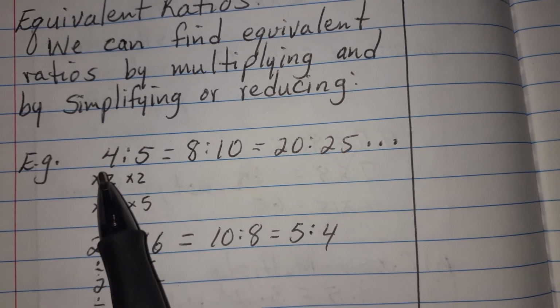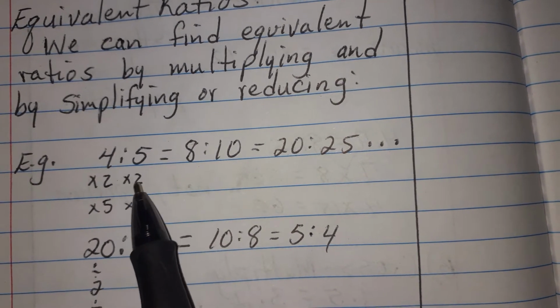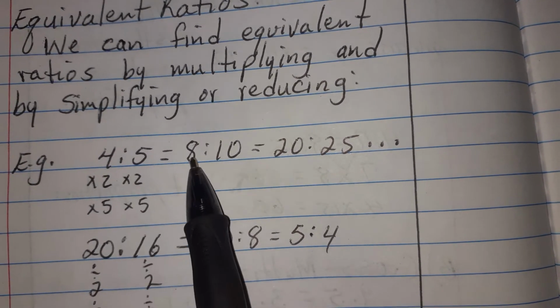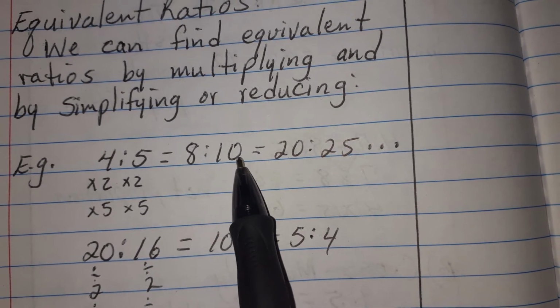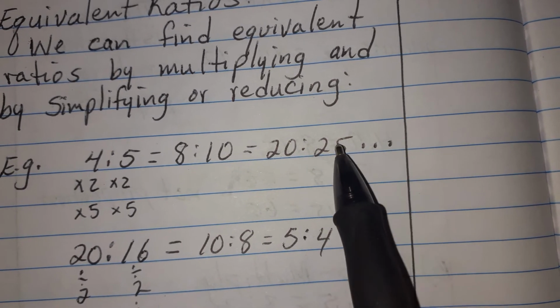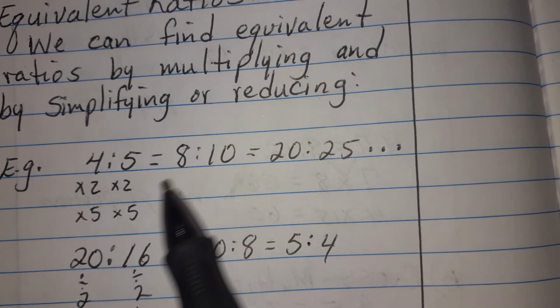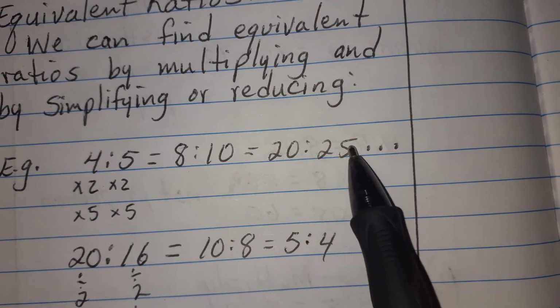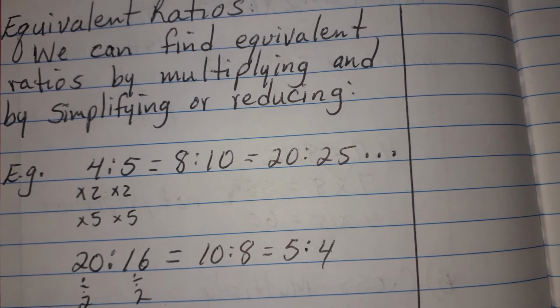So I multiply 4 times 2, and I do the same thing with the 5. 5 times 2. 4 times 2 is 8. 5 times 2 is 10. So that will be 8 to 10 is equal to 4 to 5. Another equivalent ratio would be multiplying by 5. 4 times 5, 20. 5 times 5, 25. And we can continue and continue and continue.